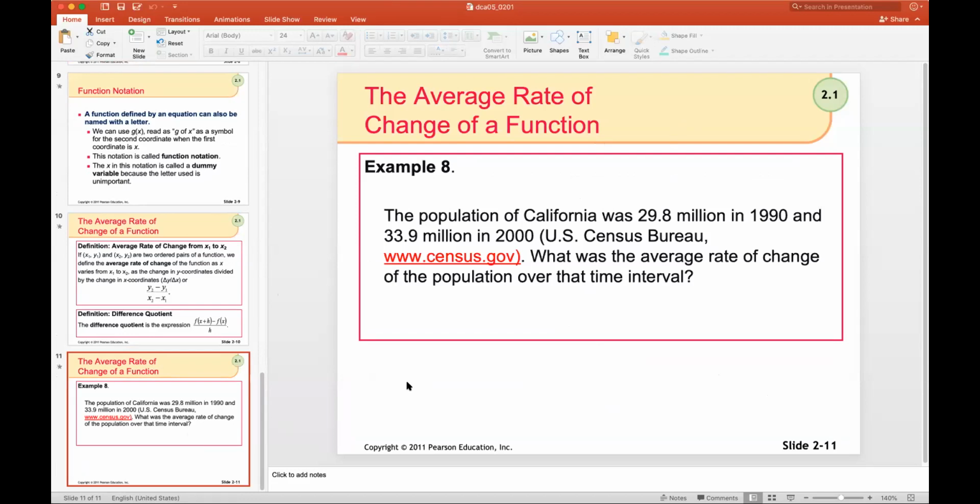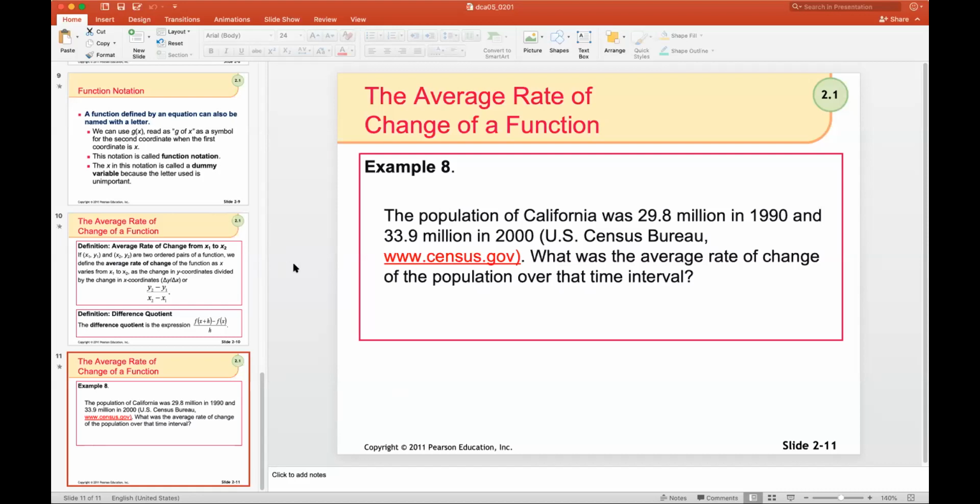By solving example 8, I'm going to explain the difference between average rate of change and the slope we studied in chapter 1.